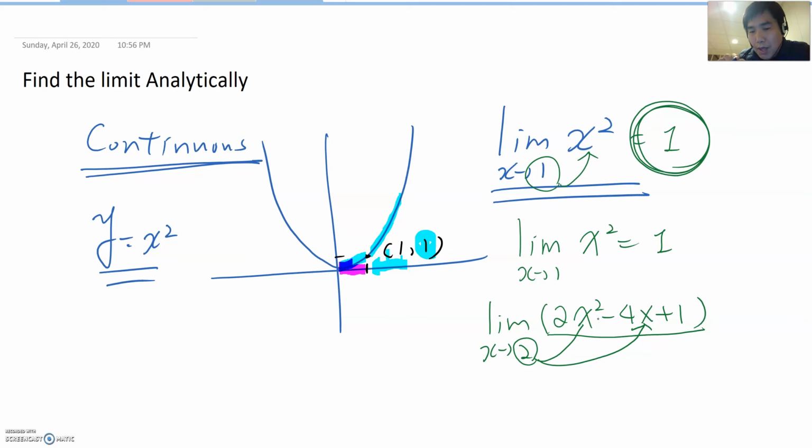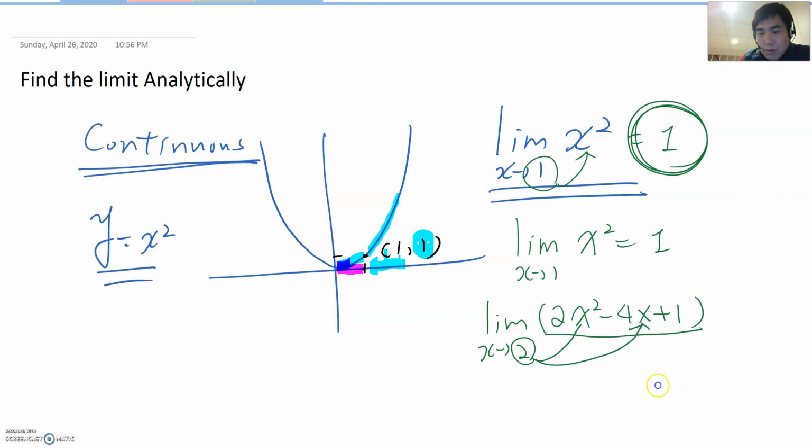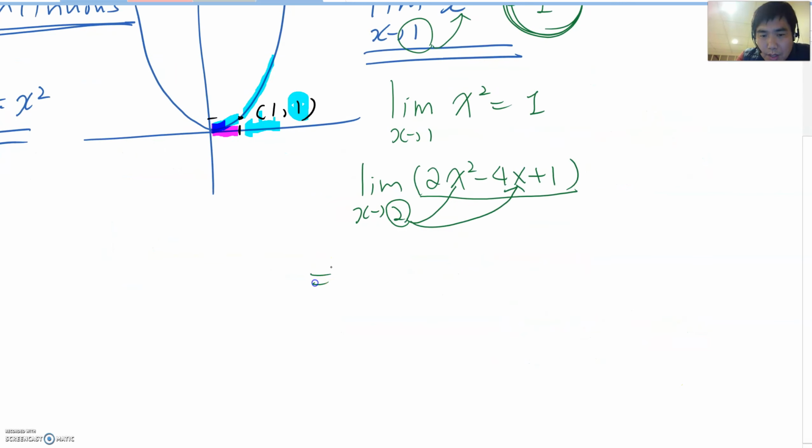Because for polynomials the graph is always continuous, the outcome value also reflects the limit value. So we can say 2 times 2 squared minus 4 times 2 plus 1.